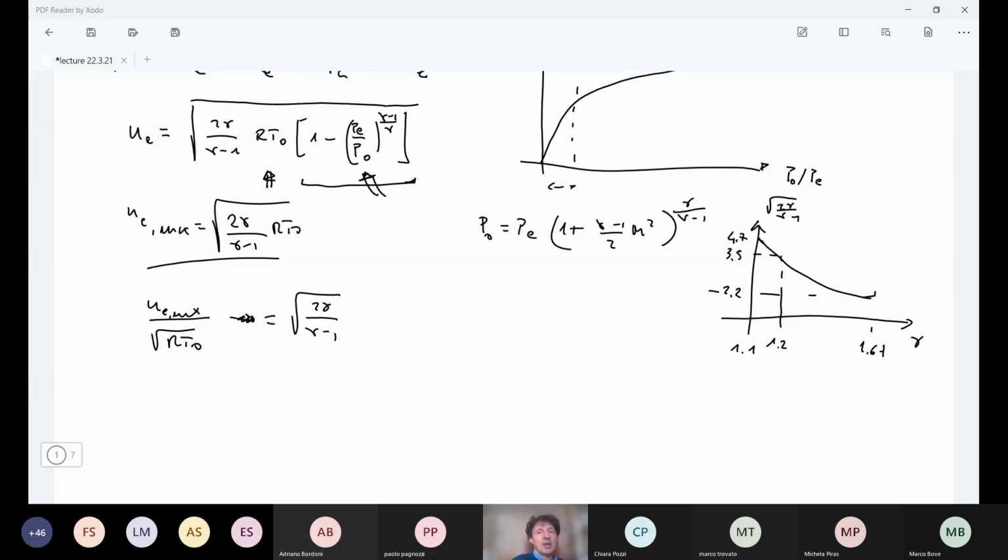So at this point, we know that we have to obtain this P0 over P as high as possible, and that we need Mach numbers that are also high.